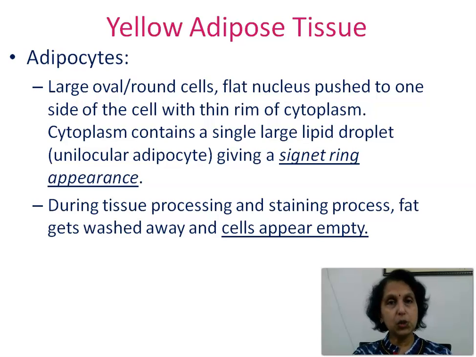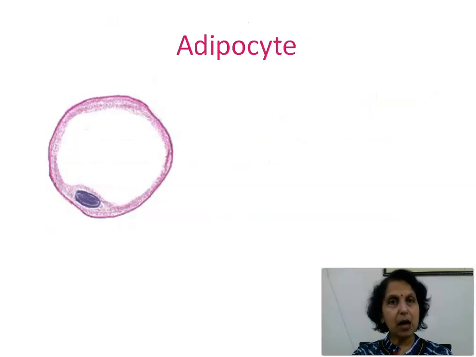During tissue processing and staining process, the fat gets washed away and that's why the cells appear empty. This is how an adipocyte looks like: a round or oval cell with a flat nucleus pushed to the periphery of the cell and a thin rim of cytoplasm, giving rise to a signet ring-like appearance.